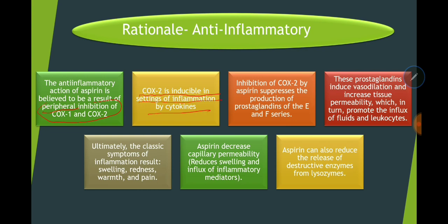When you inhibit cyclooxygenase 2 with aspirin, you suppress the production of prostaglandins E and F. Usually prostaglandins E and F induce vasodilation and increase tissue permeability.